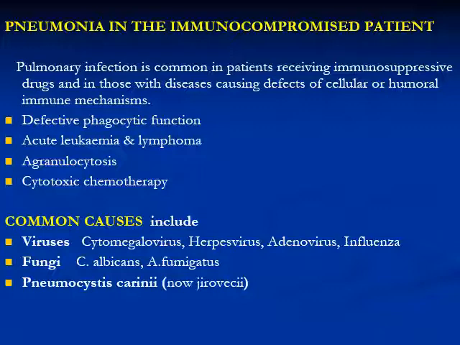Because the patient sometimes is very tired, he cannot cough and expectorate sputum. We do bronchoscopy, we do bronchoalveolar lavage, and we wash the bronchi with normal saline, and we take this secretion and send it for culture and sensitivity.